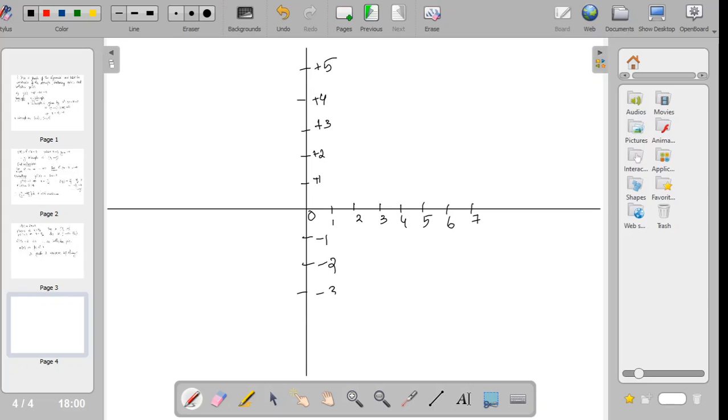Minus 2, minus 3, minus 4, minus 5, minus 6, and minus 7. Then here you have minus 1, minus 2, minus 3, minus 4, minus 5, minus 6. Okay, this much is enough.